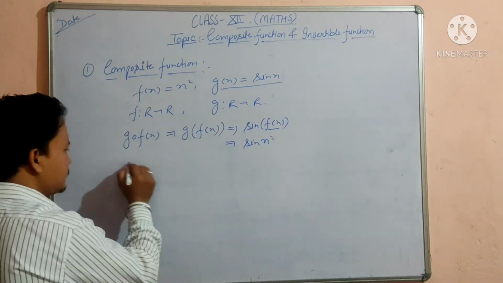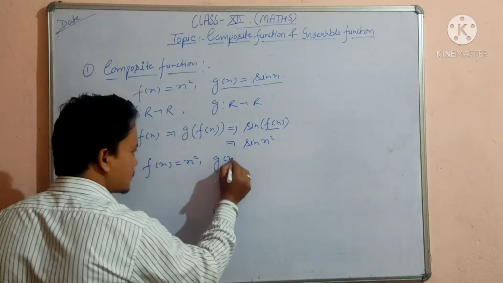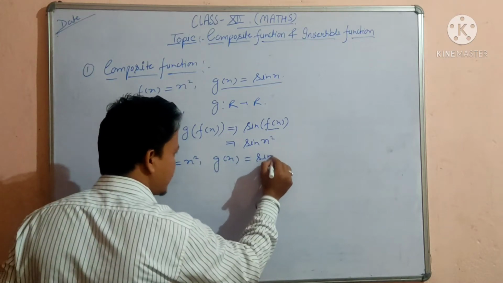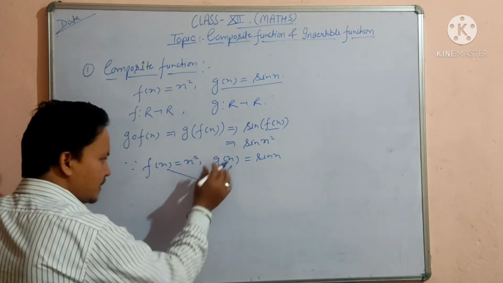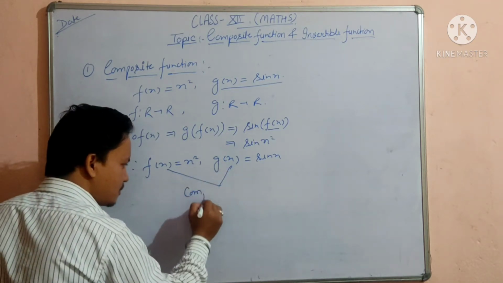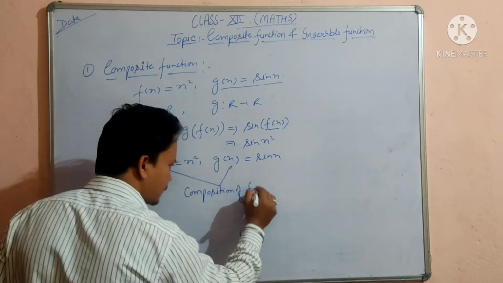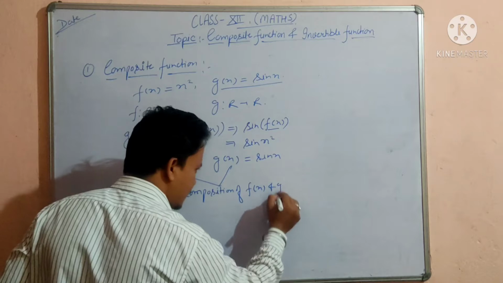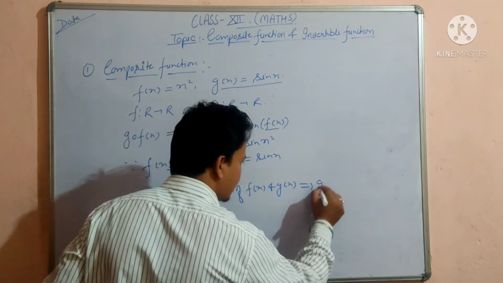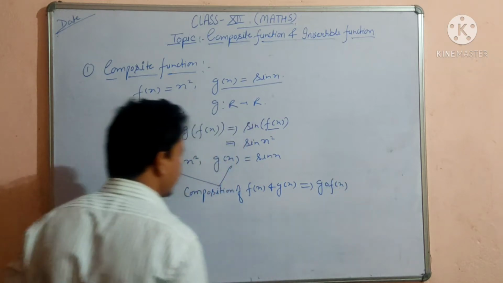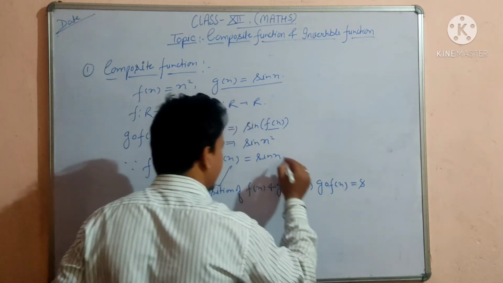Since we were given f(x) as x square and g(x), another function, as sin x, on combining these two, their composition gives a result known as gof(x), and its value is sin x square.